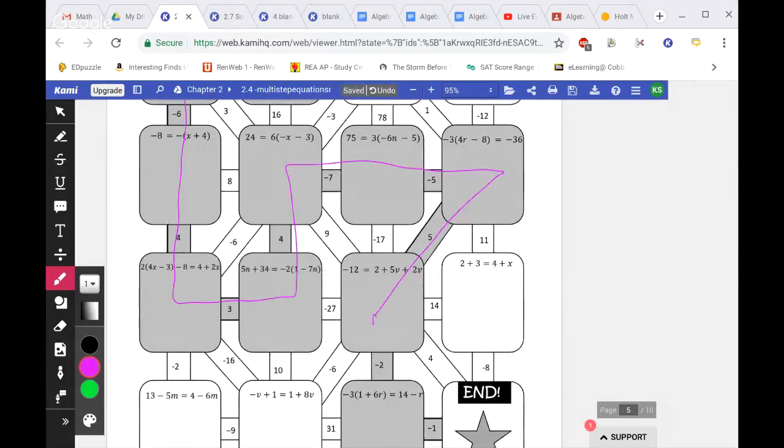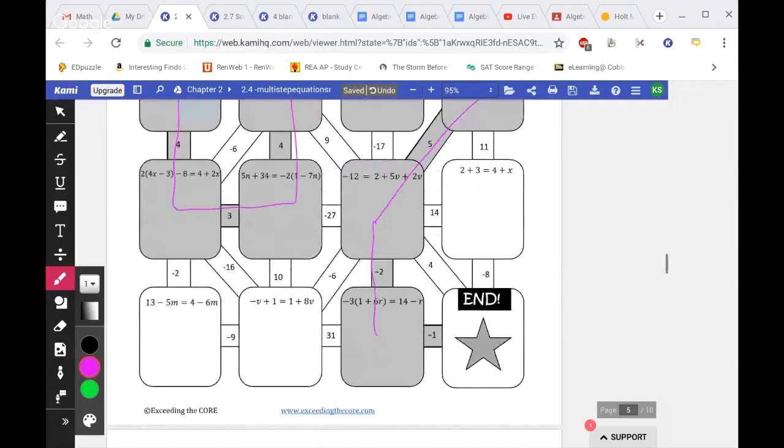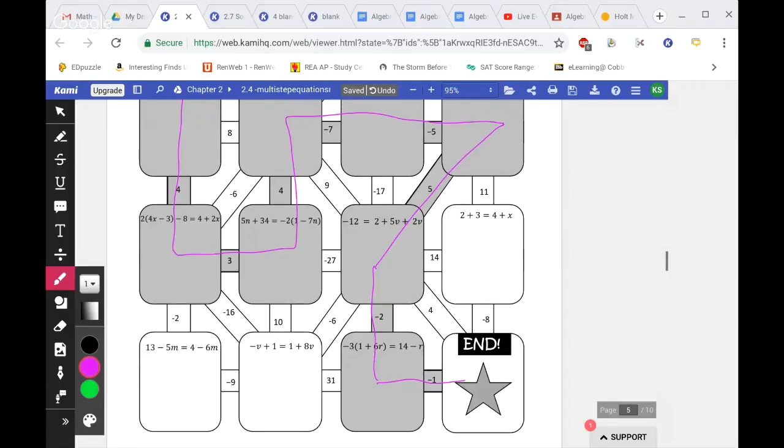But were you just trying to work all of them for extra practice? Which is amazing if that's what you were doing. I'm really proud of you. Yes, we did all of them. Bless your heart. And so that would have been really confusing on that one because you were going to get 0 no matter how you worked that one.